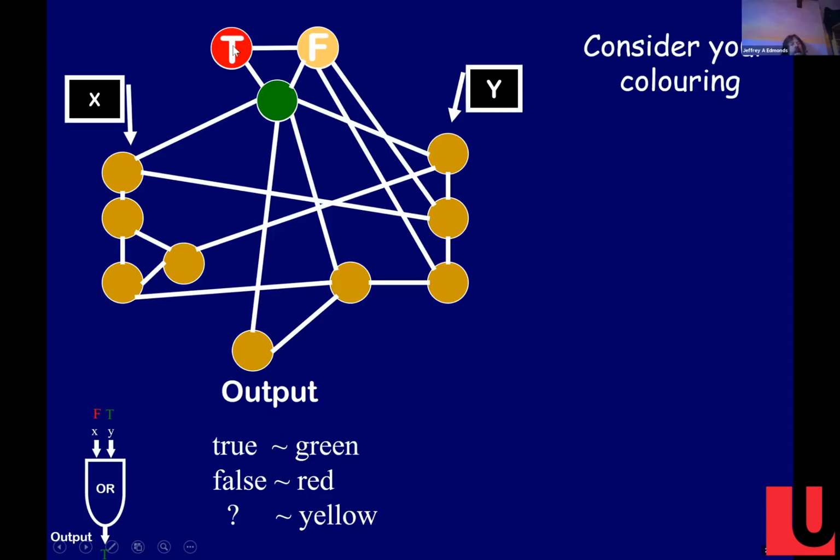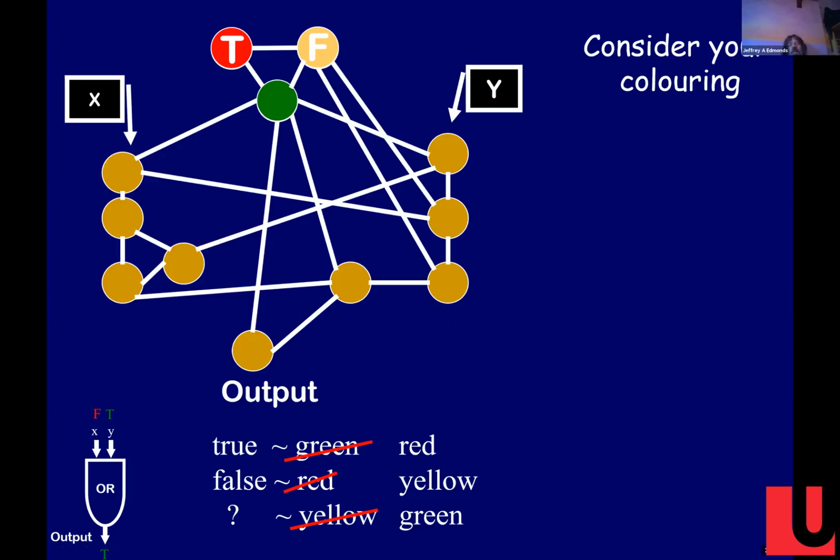Whatever you color that node, we'll call the true color. And whatever color you color this node, we'll call the false color. So here, red is the true color, and yellow is the false color, right?